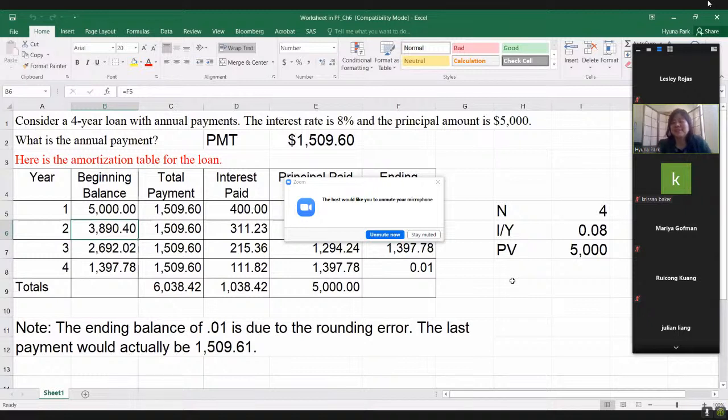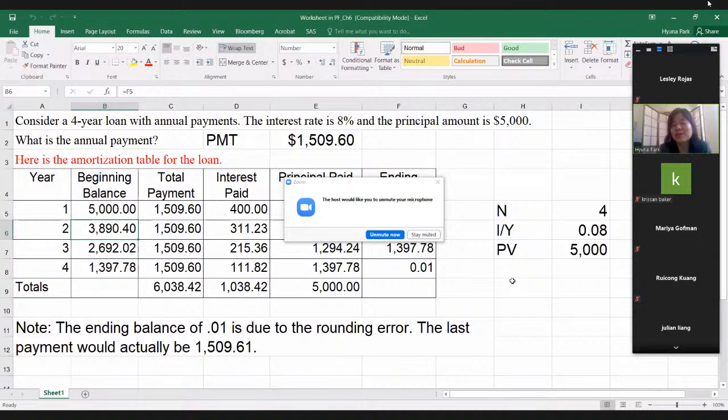So this is an example, and what if I ask you in an exam, for example, to make this kind of amortization table for a mortgage, a 30-year fixed rate mortgage? What are you going to do? You should be able to apply this knowledge to do a mortgage calculation.